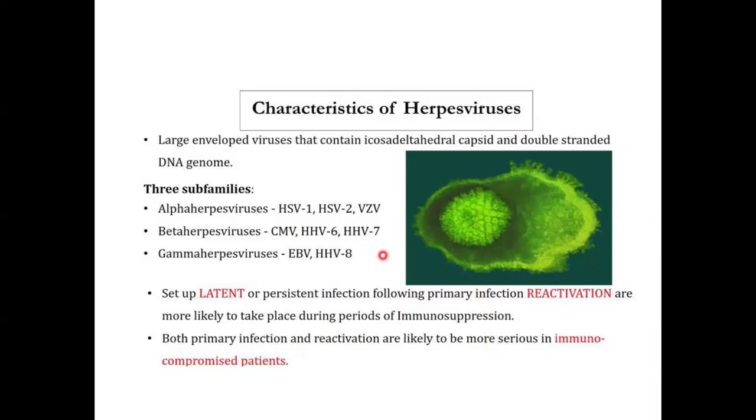Since transplant patients receive drugs called immunosuppressants to prevent rejection of the organ, for example, if you got a kidney transplant, a liver transplant, a heart transplant, you're in an immunocompromised state. Then both primary infection and reactivation are likely to be more serious in immunocompromised patients.